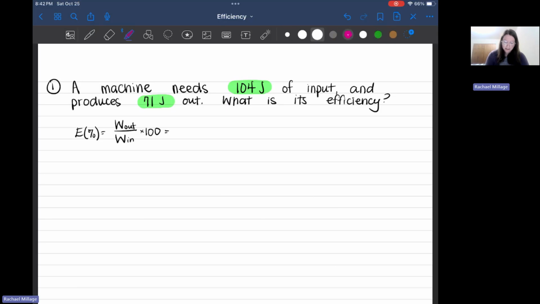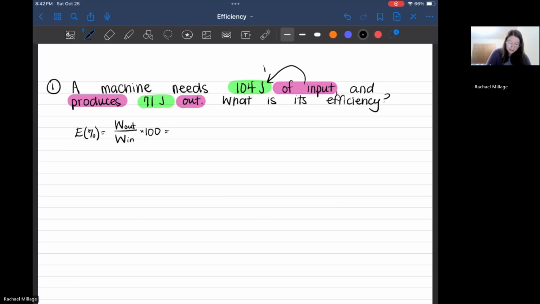This problem is kind of easy because it says 104 joules of input and 71 joules out, or produces. So input tells me that this 104 joules is in, and then the words produce and out tell me that this is the work out of the machine.